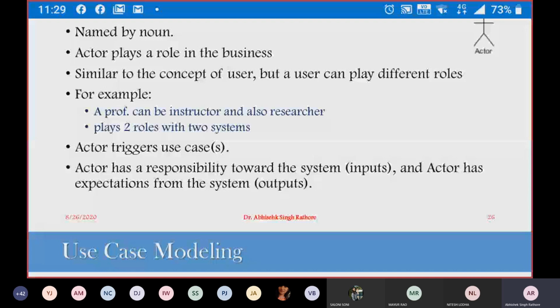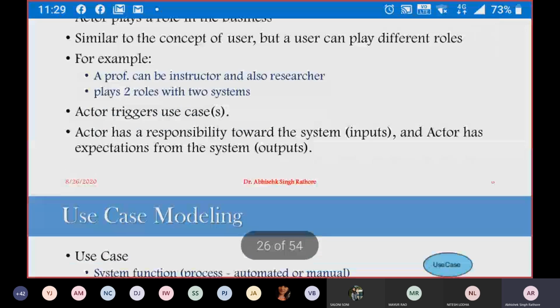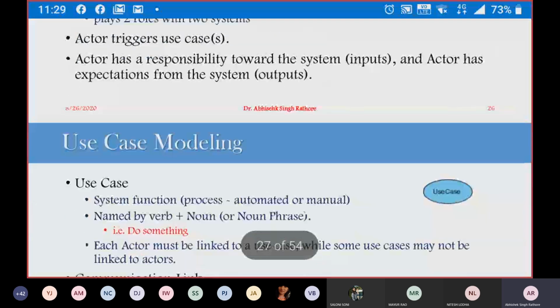So we'll start with use case modeling. The next question is, what is a use case? A use case is just a system function. How do we give a name to a use case?